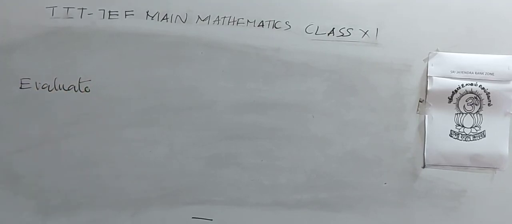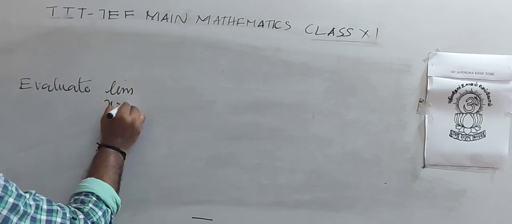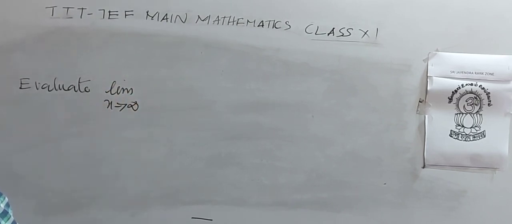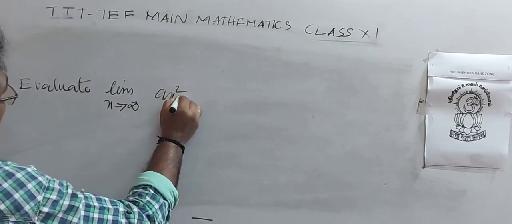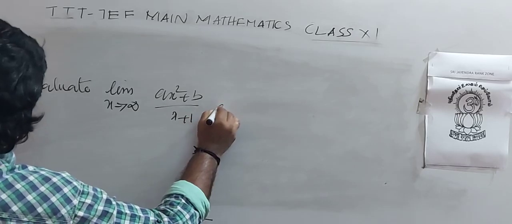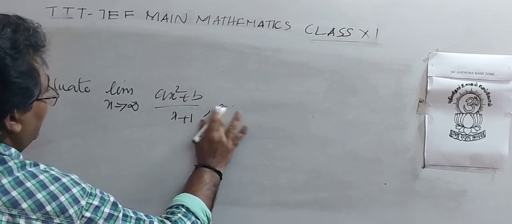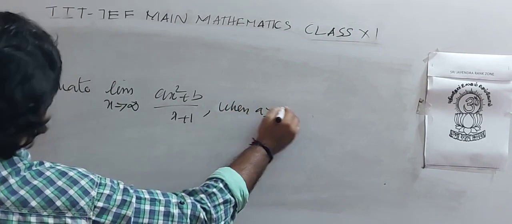Evaluate the limit as x extends to infinity of (ax² + b)/(x + 1) when a is greater than 0.